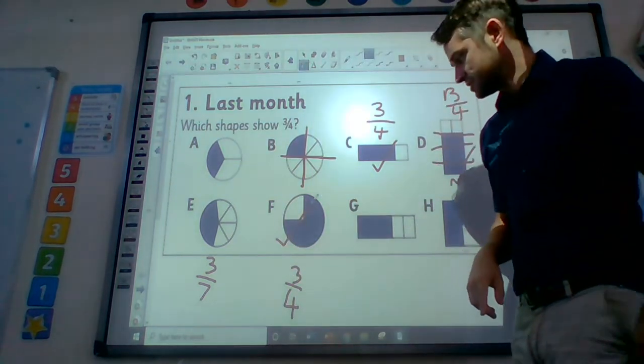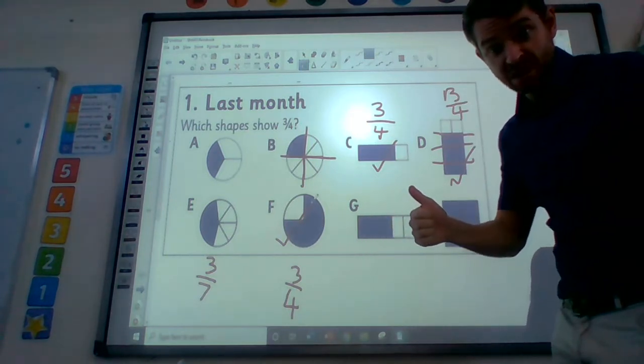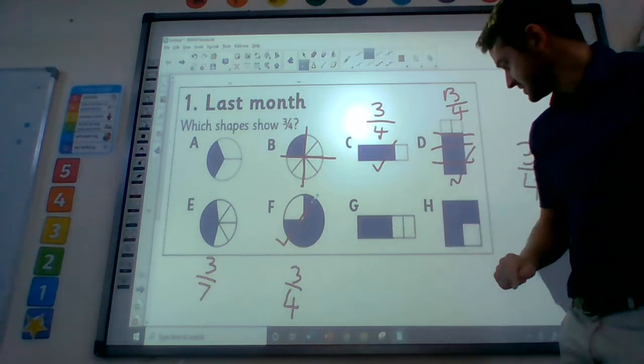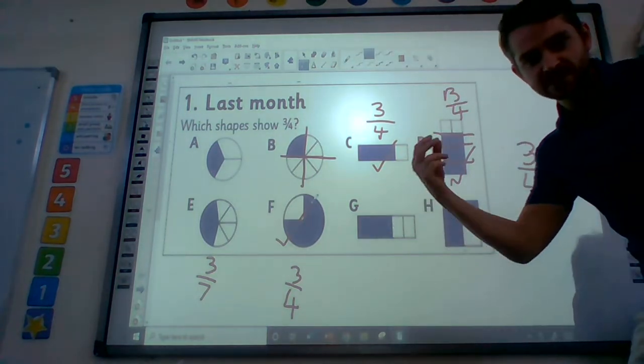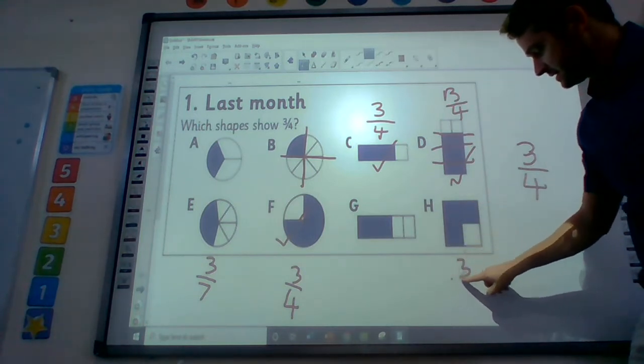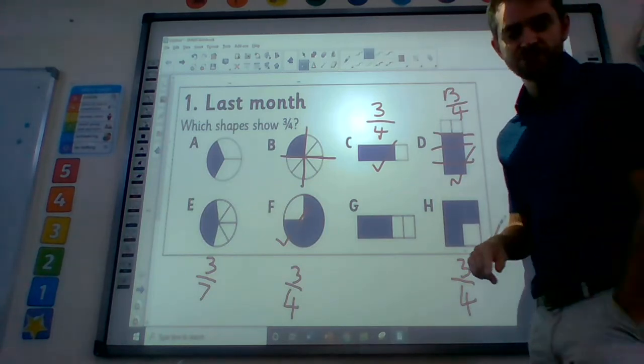F shows 3/4. G, 3 parts coloured in, but 5 parts altogether, not 3/4. And H is another one. Hopefully you can see it straight away and think 3 parts coloured in, 4 parts altogether. Yes, that does show 3/4.